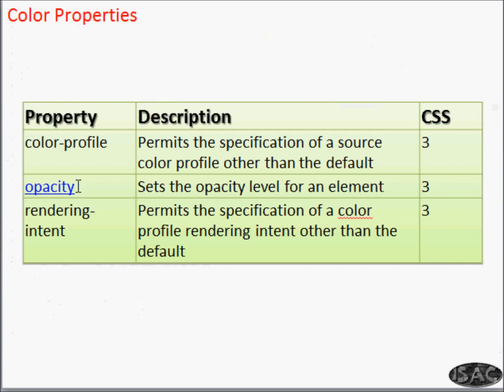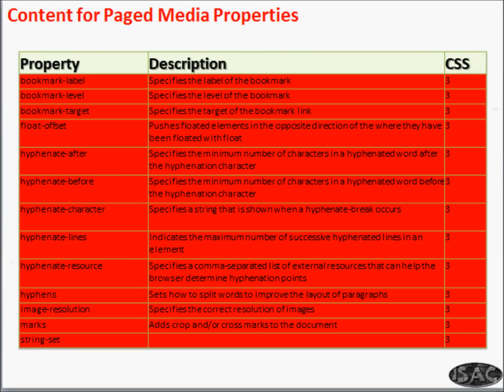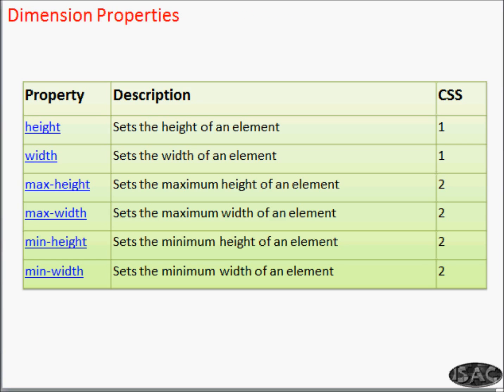The color profile and rendering intent are still not implemented by any of the browsers. For page media, there are some other properties like bookmark level and bookmark target, which are also not implemented by any browser.